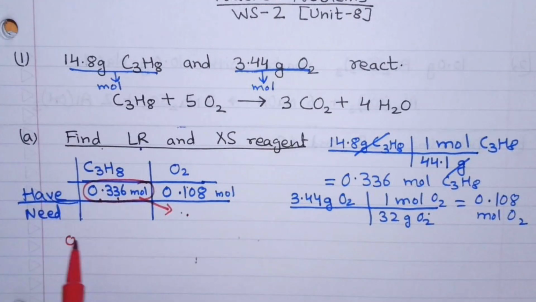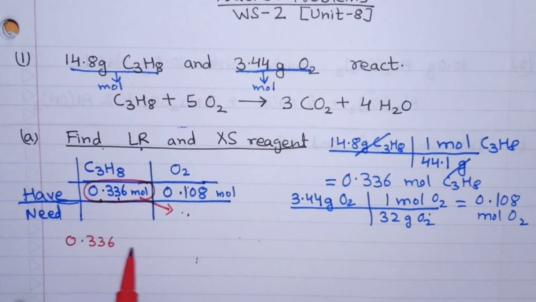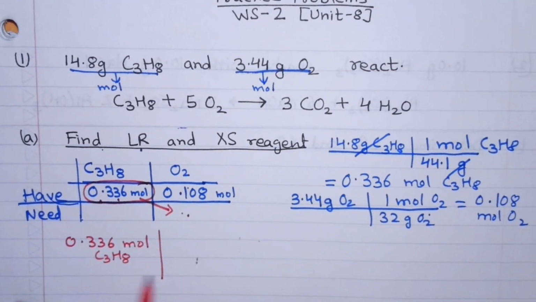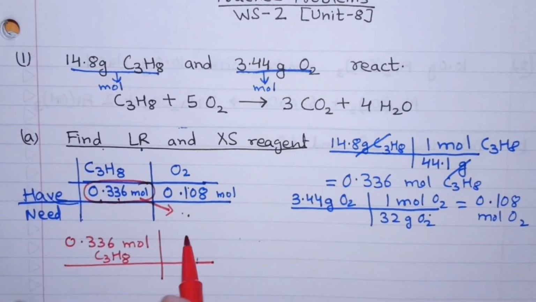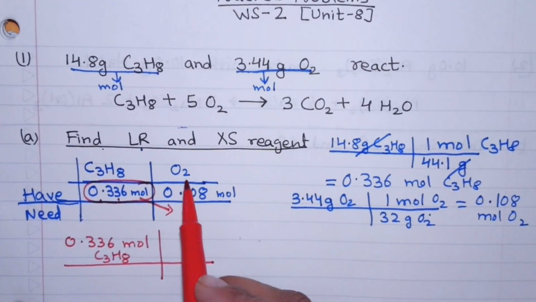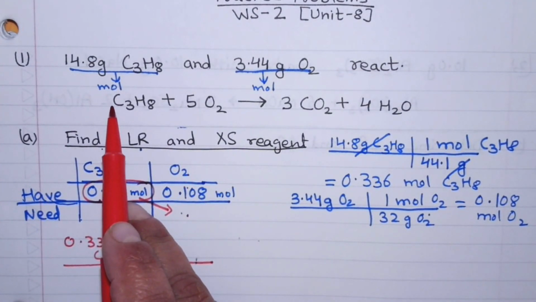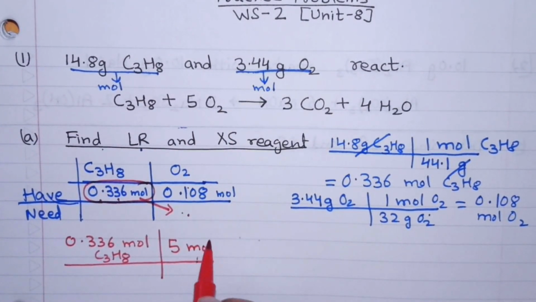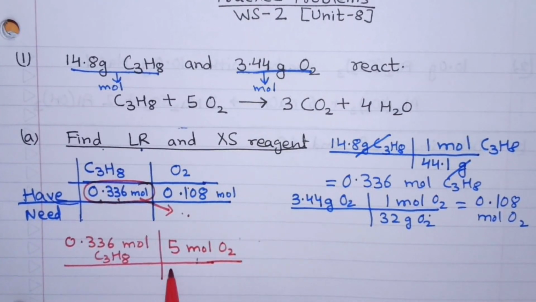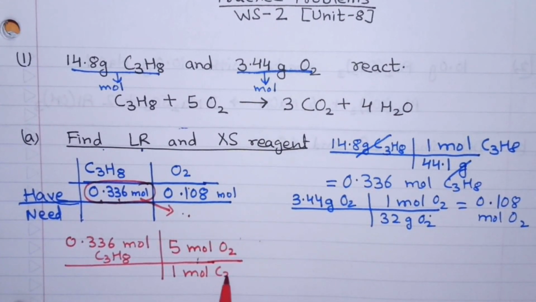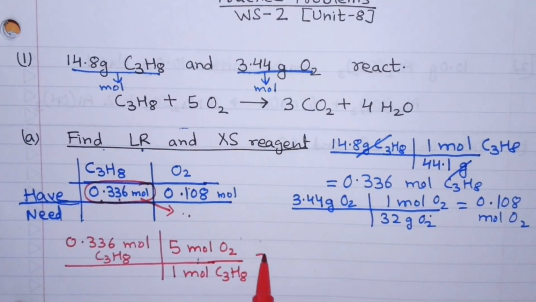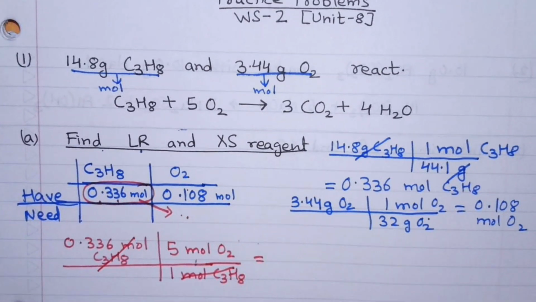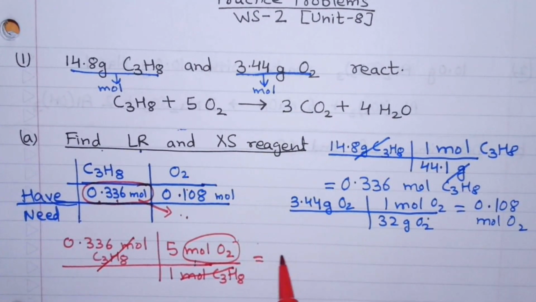So if I have to start with 0.336 mole C3H8 and then solve for the moles of oxygen, what's the mole ratio? Mole ratio is 1 to 5. So 5 mole O2 is equal to 1 mole C3H8, right? So you can see moles of C3H8 cancel and you get your answer in moles of O2.